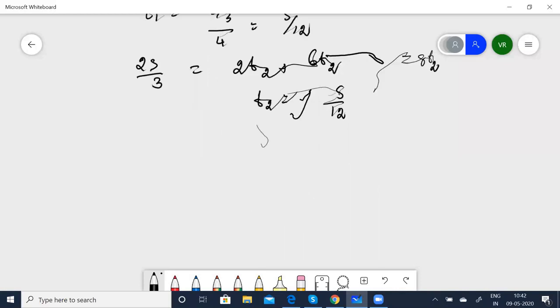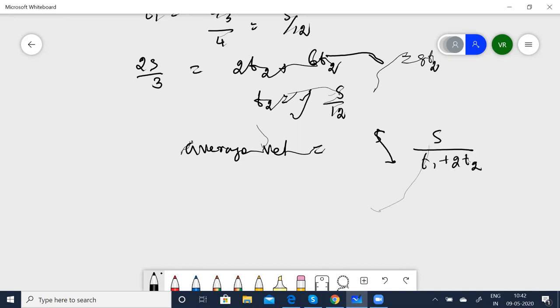So what is now the average velocity? Average velocity is the total distance by total time taken, so I can write it as s by t1 plus 2t2. t1 is s by 12, and 2t2 is 2s by 12.